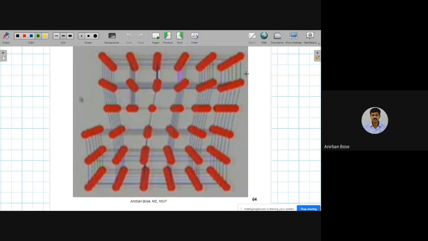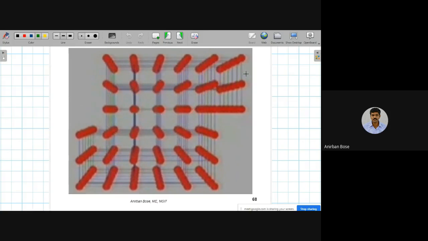Here some defect is there in the form of edge dislocation, and when the dislocation gets out of the crystal, plastic deformation takes place. Plastic deformation means permanent deformation. This is not elastic deformation. Elastic deformation is a reversible process. If you withdraw the force, it will again come back to its position. But this is a plastic deformation. It's a permanent deformation. It is irreversible.